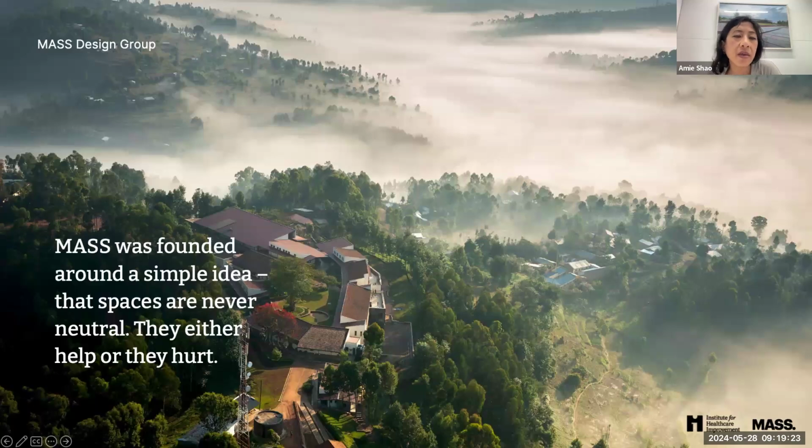We were founded on the premise that design is never neutral. It either helps or it hurts. And our work over the last 12 years demonstrates that well-designed spaces can transform how people access health services, amplify care delivery processes, improve health outcomes, and support care experiences that are dignified and respectful.